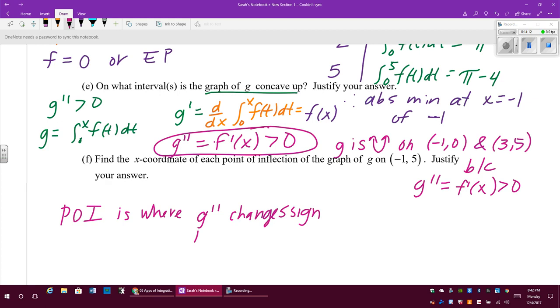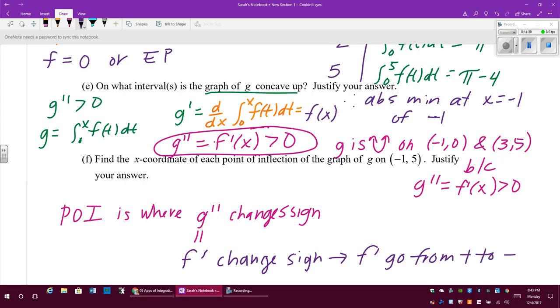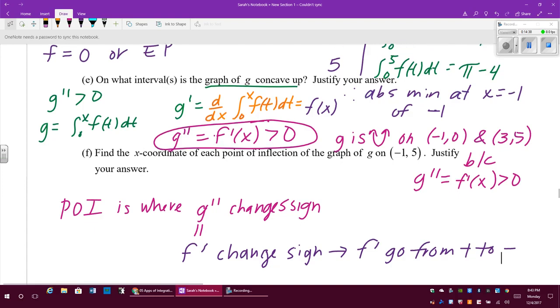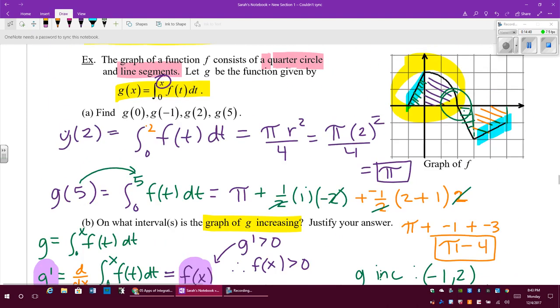Well, g double prime is equal to f prime, so f prime must change sign, which basically means that f prime needs to go from positive to negative. So I'm going to look up at my graph and find the place where my graph goes from increasing to decreasing. So when does f go from increasing to decreasing? That happens at 0 and at 3.